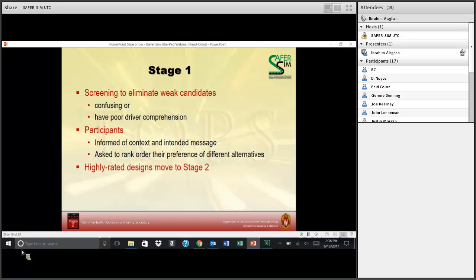In the beginning of the survey, we indicated what the sign is and what we are aiming to do, and asked them to please rank their preference of the different alternatives. Then, out of these four, we selected two, and we take them to the second stage.